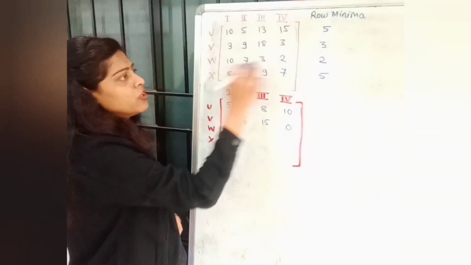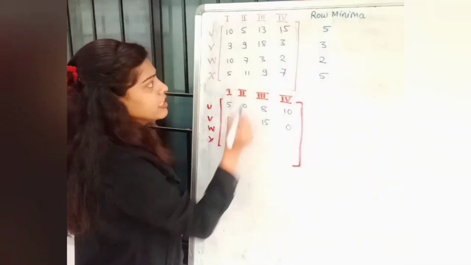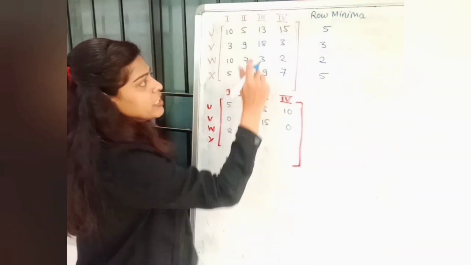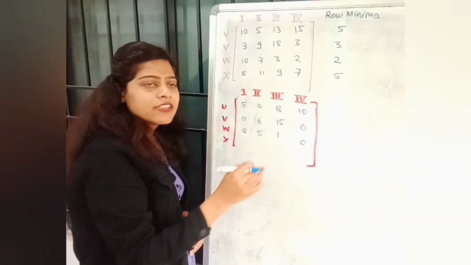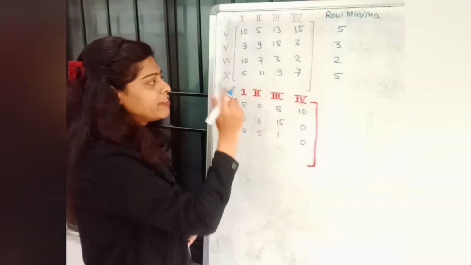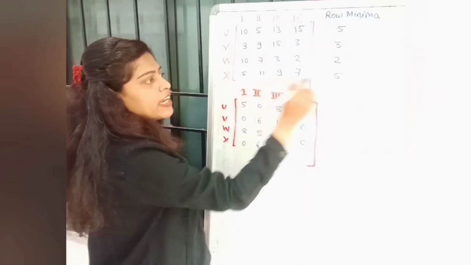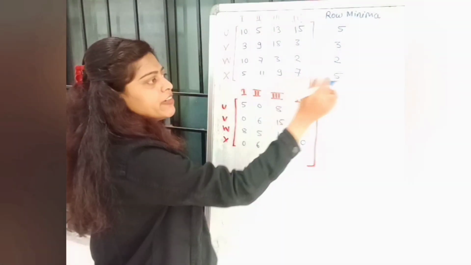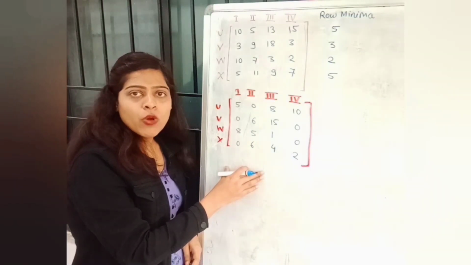In the third row, subtract 2 from each element, that is 10 minus 2 is 8, 7 minus 2 is 5, 3 minus 2 is 1 and 2 minus 2 is 0. For the last row, subtract 5 from each element, then we get 5 minus 5 is 0, 11 minus 5 is 6, 9 minus 5 is 4 and 7 minus 5 is equal to 2. So we have obtained this matrix from row reduction.